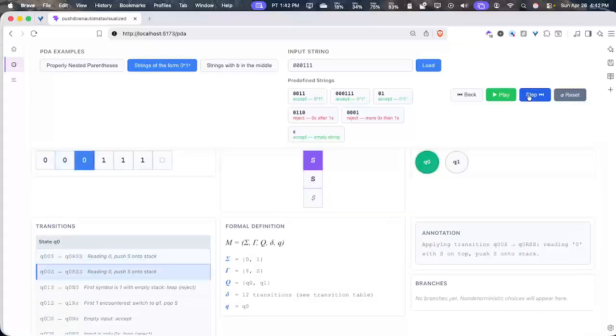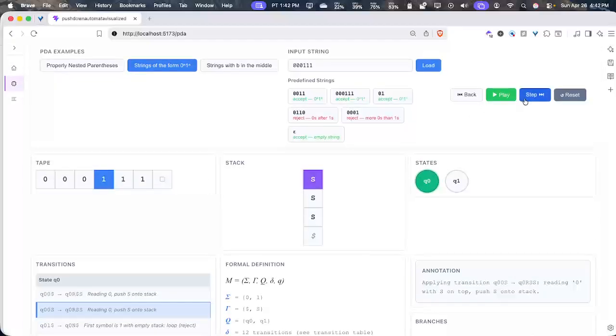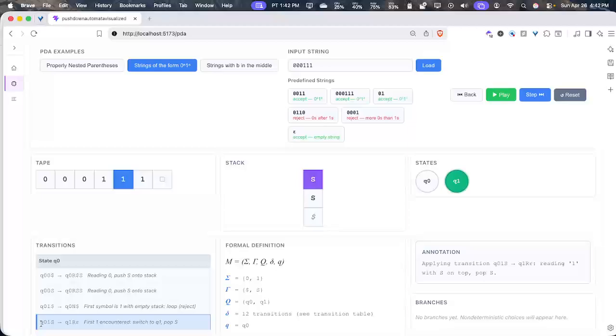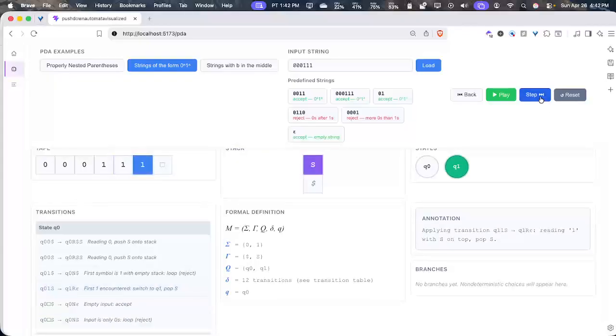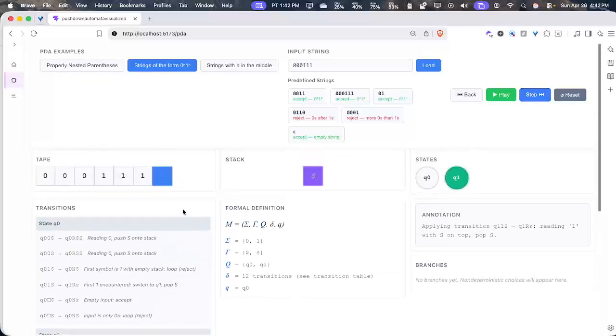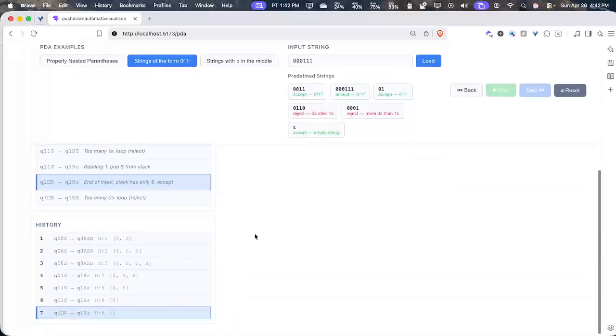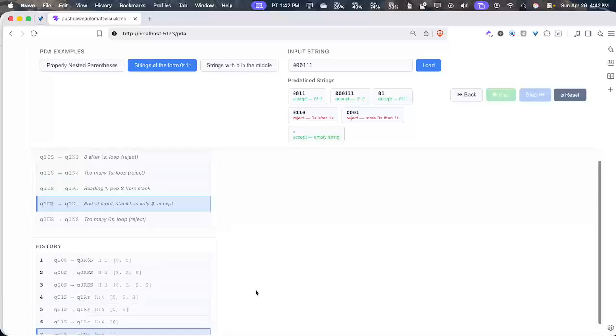But as we continue along this string, we eventually get to a situation like this where we see a 1, so we're in Q0, we see a 1, we saw an S, and then we're moving to Q1, to the next state, so that we know that we don't allow for a situation where we go back to zeros. And so we step, step, and then we see this square and this cash symbol, and we're good to go. We got the square and the cash symbol, and then we finished.